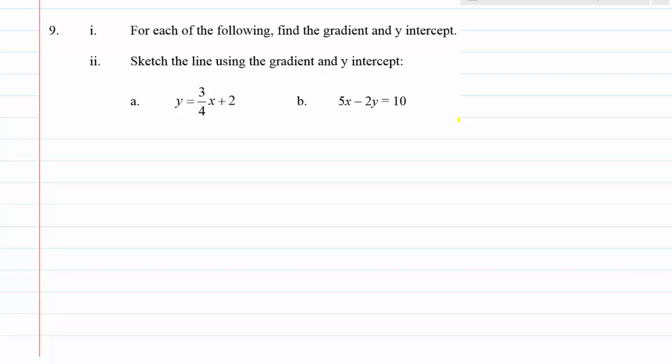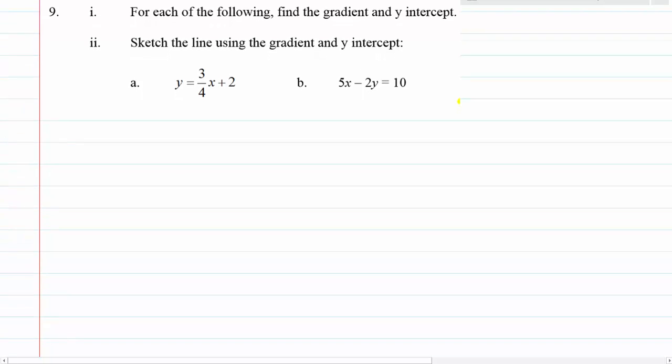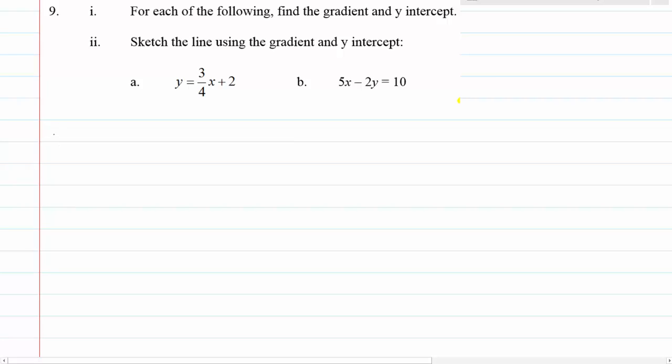Question 9. For the following lines, find the gradient and y-intercept, and then sketch each line using the gradient and y-intercept. First of all, I'll do them both as just part A and then part B. Part A, the gradient, m, is 3/4, and the y-intercept is 2, and that means that my function, my set of axes is there, passes through this point here, which is 2, and has a gradient of 3/4.